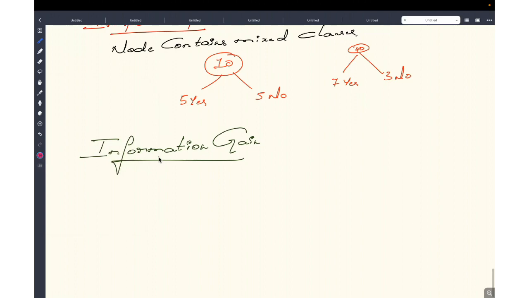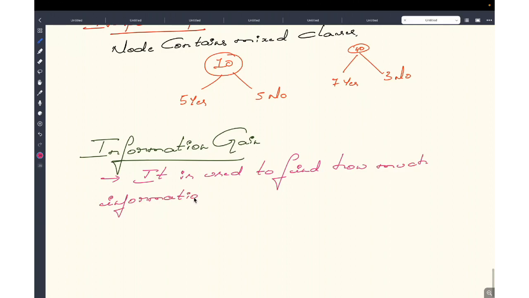When I say information gain, it is basically used to find how much information is given by each column.